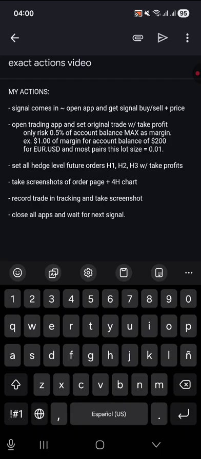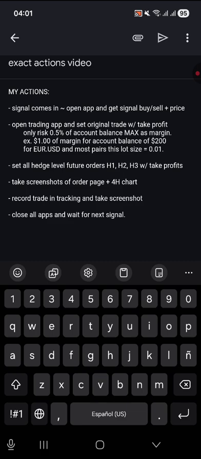For your United States dollar, most pairs, this lot size is 0.01. If you are trading Swiss franc or gold, you have to divide that normal lot size by 3. Swiss franc and gold are very heavy on the lot size, so you have to divide by 3. So if you're using a lot size of 0.03 normally, you have to divide by 3 and only use a lot size of 0.01. The other one is British pound.